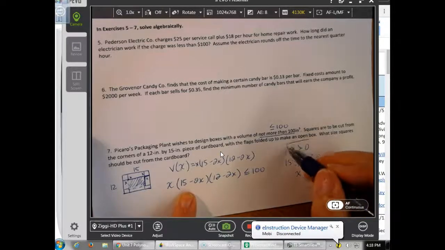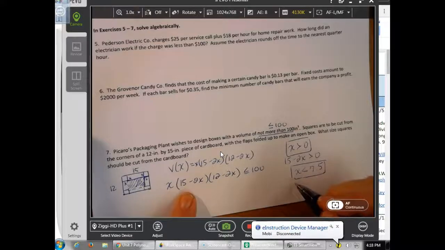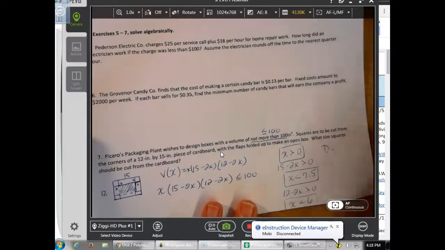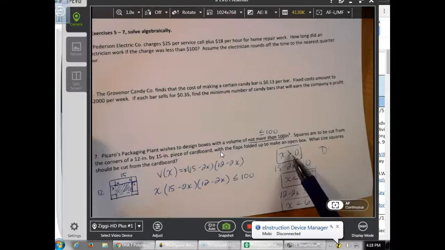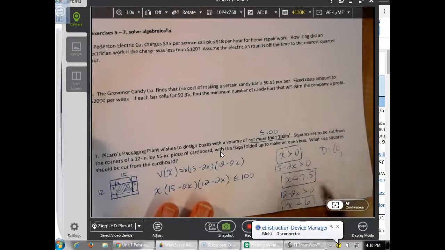So I'm just going to circle the restrictions here. And then I'll do the last one, 12 minus 2x must also be greater than 0. And I get x must be less than 6. Now, if you are going to write out the domain of this function, you know that x has to be greater than 0. And then the highest value you can have appears to be 7.5.